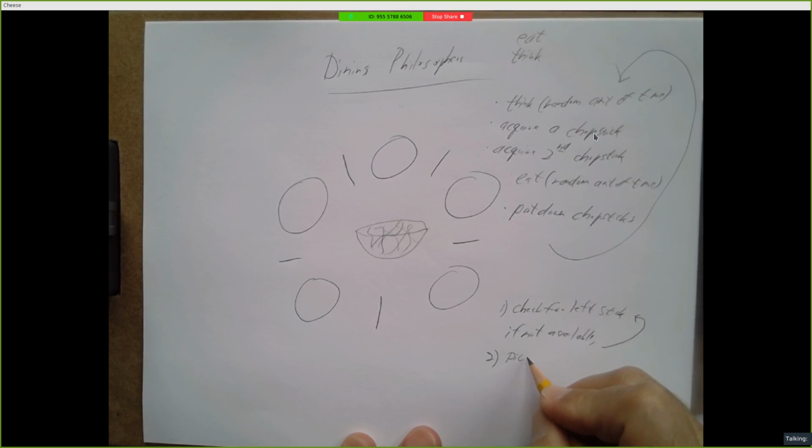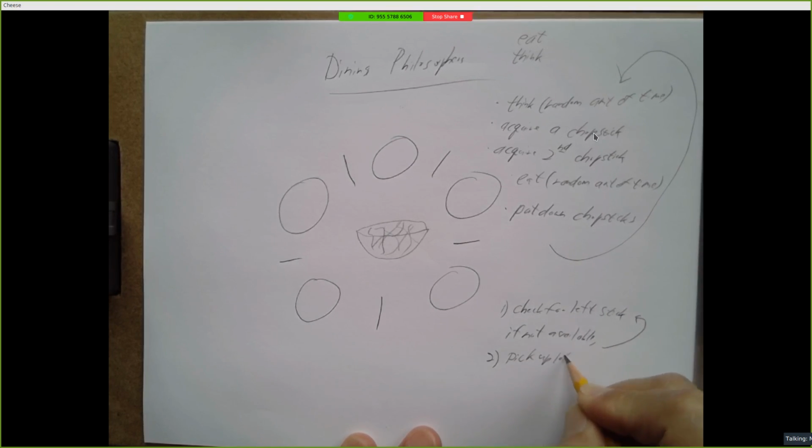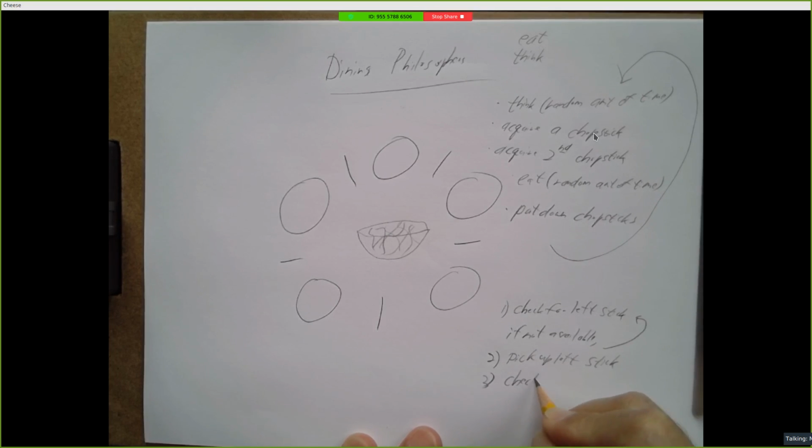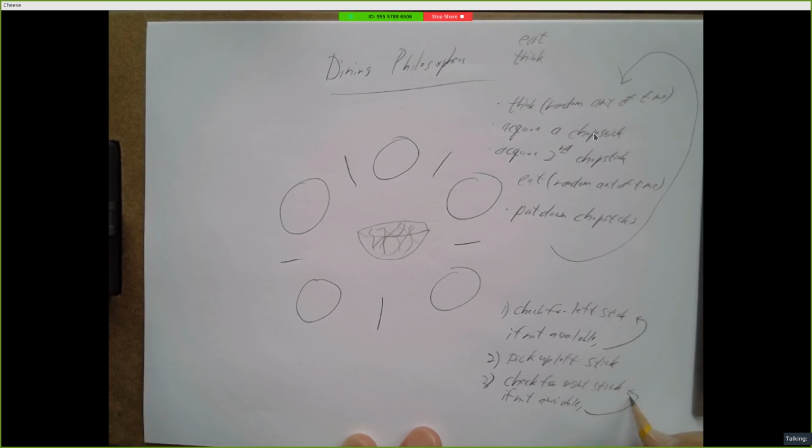Otherwise, pick up the left stick, and then check for right stick. If not available, go back and check for it again. If it is available, pick up the right stick and then eat.